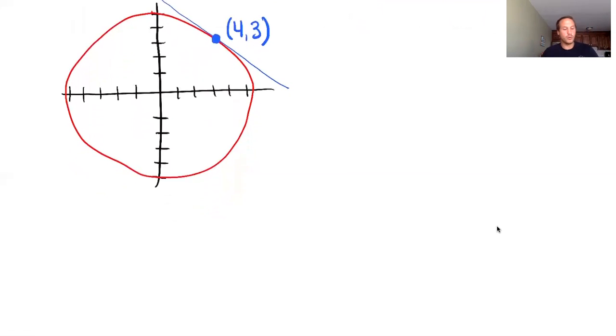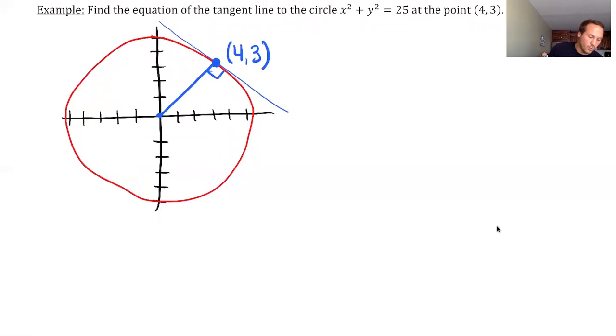Okay, so what are we looking for? We're looking for the equation of the line. If you remember about tangent lines, they are perpendicular to radii. So what could I do here? Well, I'm going to look to find the slope from the center to the point.